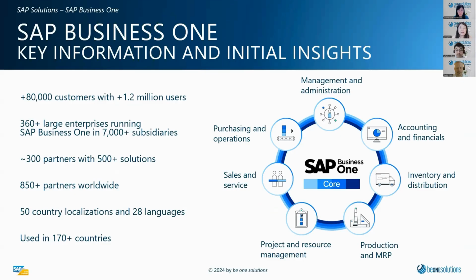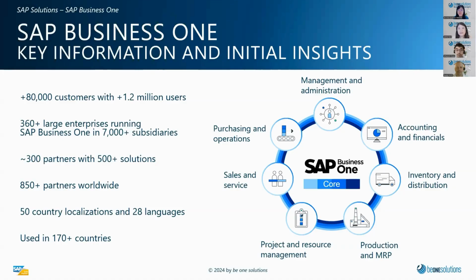With decentralized data management and real-time insights, the solution supports localization to meet regional requirements, enabling seamless rollouts across companies in different countries. SAP Business One supports 50 countries' localization and 28 languages. You can roll out to all your subsidiaries on a single platform while meeting the local statutory requirements.